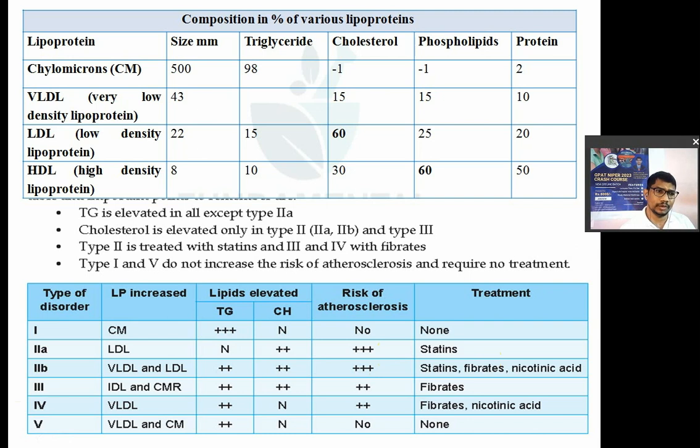Now type 2B hyperlipoproteinemia. In that very low density lipoprotein and low density lipoprotein levels are increased, so it has cholesterol as well as triglyceride, again related with atherosclerosis. And in that statins, fibrates, nicotinic acid, these are the drugs used. We'll see what are statins, fibrates, nicotinic acid.